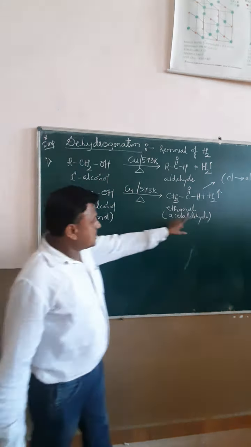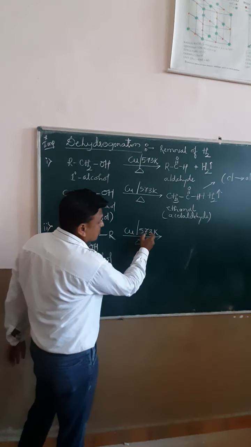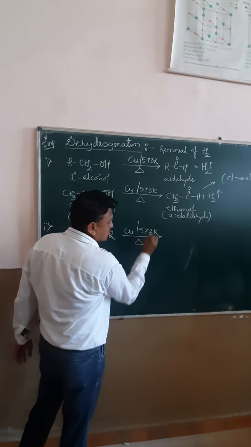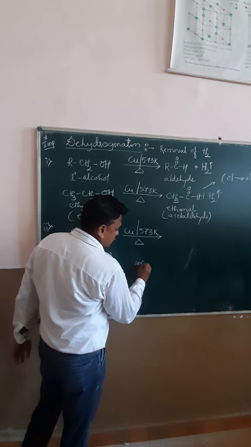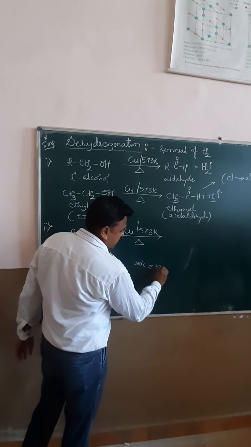We considered primary. So what happens with secondary? Now consider a secondary alcohol, R-CH(OH)-R. We know in a secondary alcohol the OH is attached to a carbon containing only one hydrogen. When a secondary alcohol is heated with the same copper at 573 Kelvin, in this book they have given 300 degrees, both are the same, 300 degrees Celsius or 573 Kelvin.